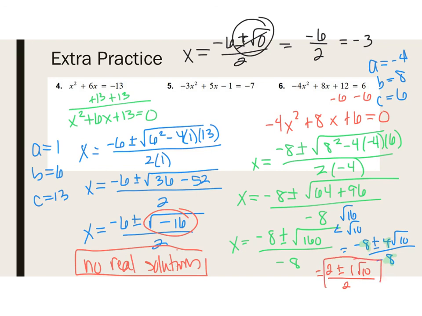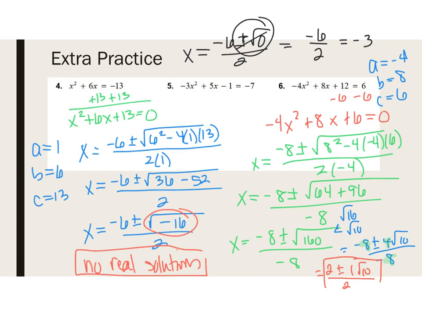in radical form. If it wants it in decimal form, in your calculator, you're going to do negative 2 plus the square root of 10. Do the top part, 2 plus the square root of 10, get that answer, and then say divided by 2.